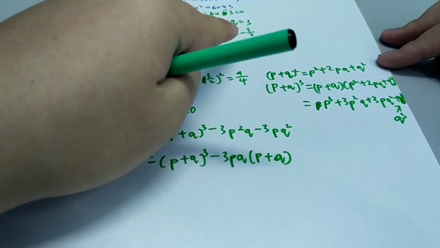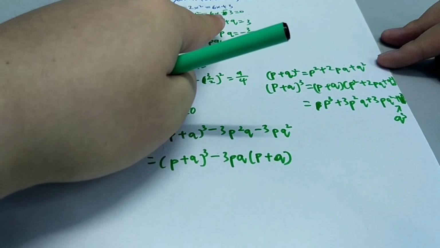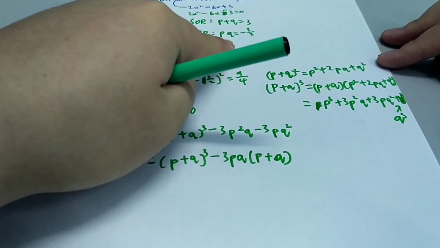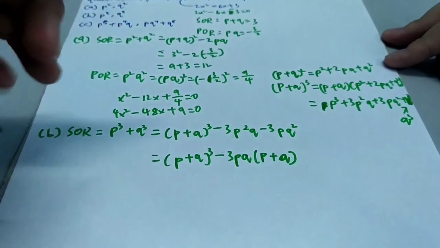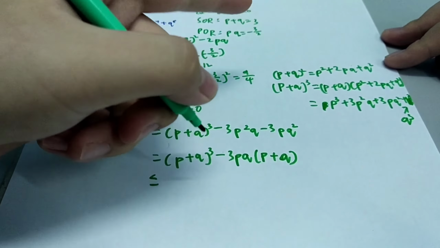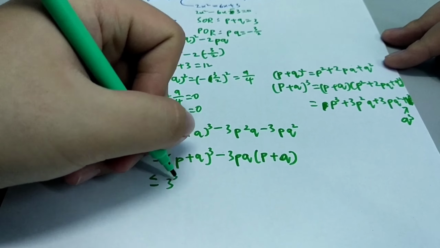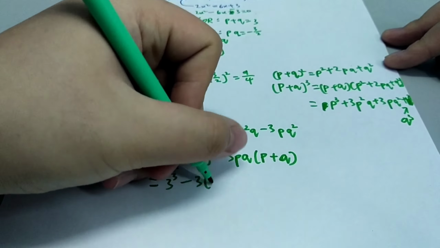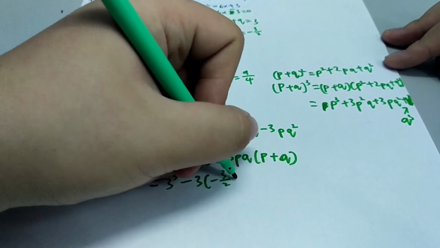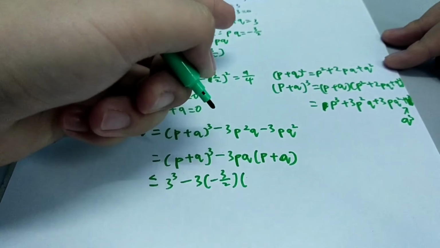So we can finally plug the p plus q and the pq in here, right? Which is equal to 3 minus 3 times negative 3 over 2 times 3.